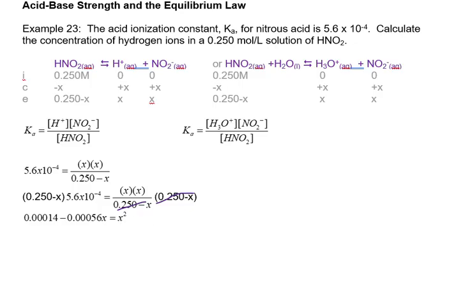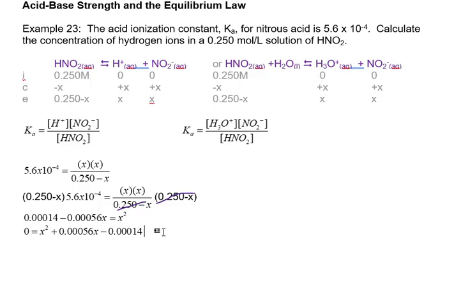We can see that this does work out to a quadratic, so we want to move everything to one side. And now that we do have everything to one side, we can solve that quadratic equation.